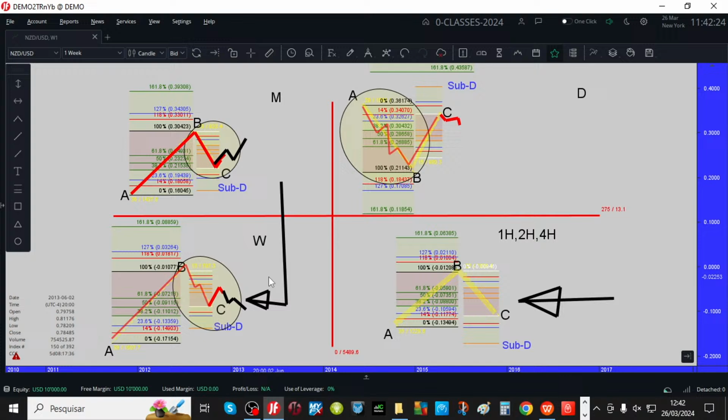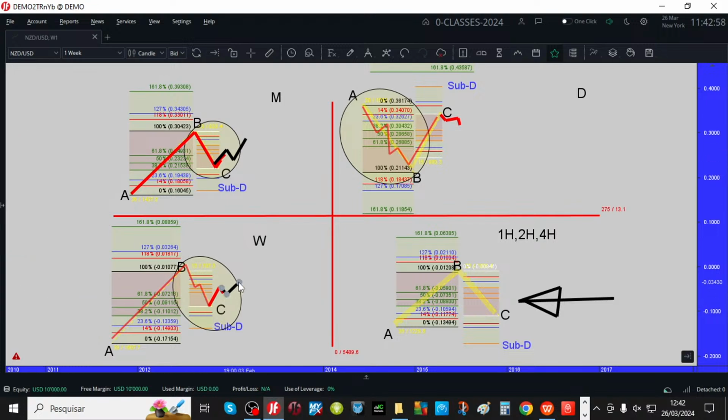This is the understanding of alignments. Is the weekly going to go down if the monthly goes up? How does this market work? Exactly, the weekly is going to go up too. Make sense, everybody?